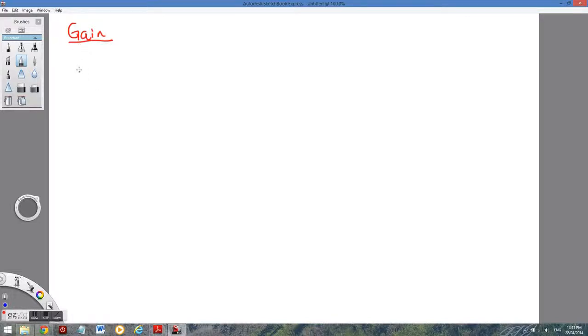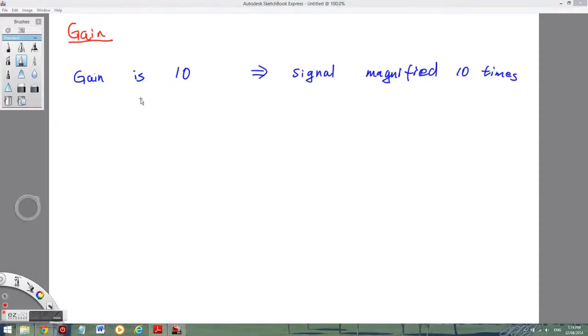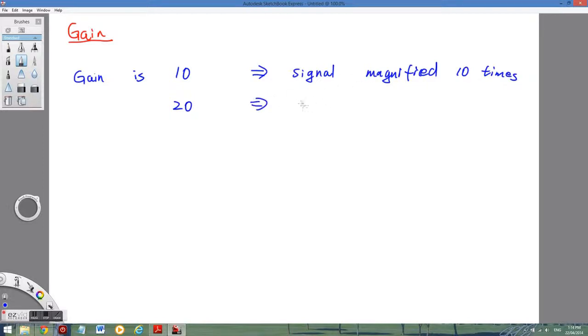If the gain of a certain amplifier is say 10, it means the signal has been magnified 10 times. If the gain is say 20, then the signal voltage, the amplitude of the signal, will be magnified 20 times bigger.